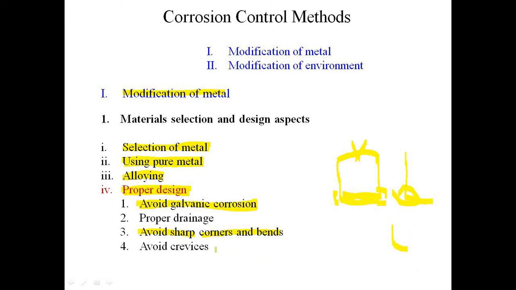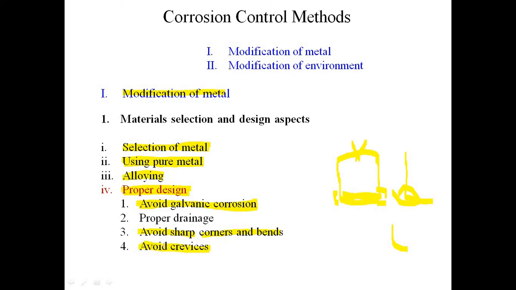Then the fourth one is avoiding crevices, the small spaces, the interaction points where the environment and your metal surface can interact. We also discussed this in the previous video in great detail.